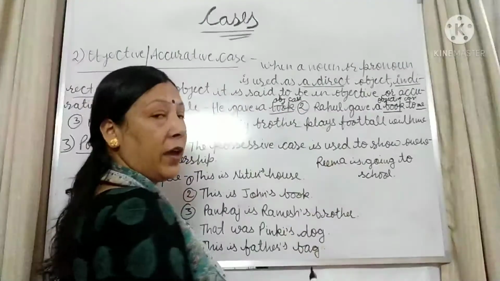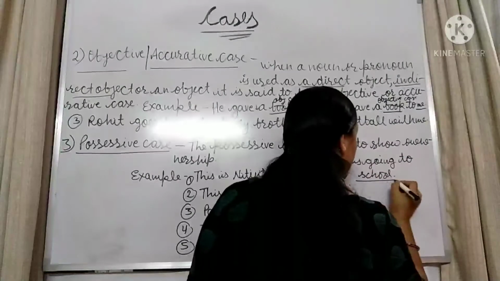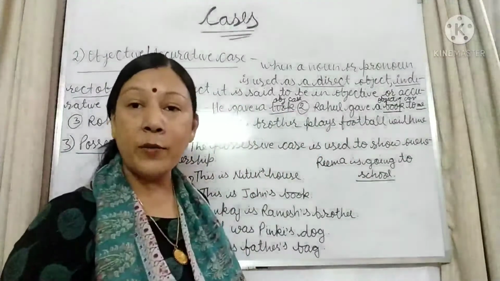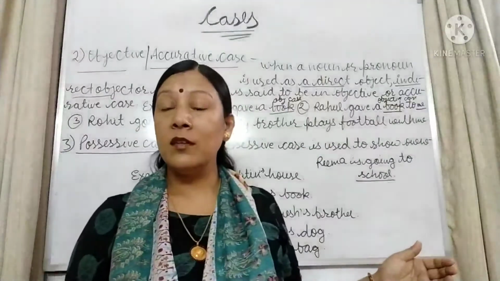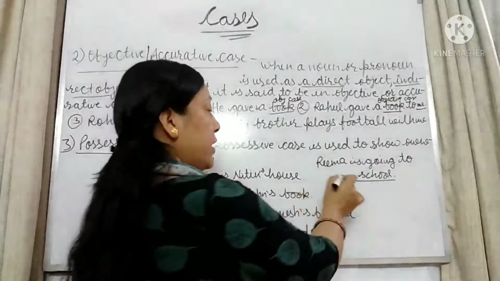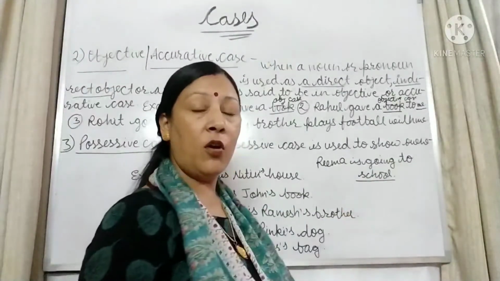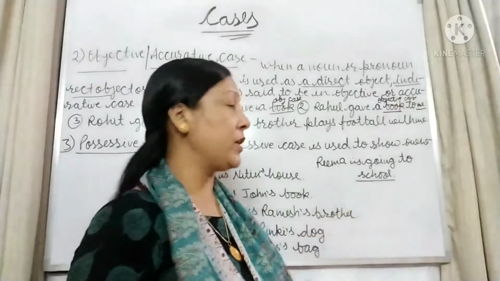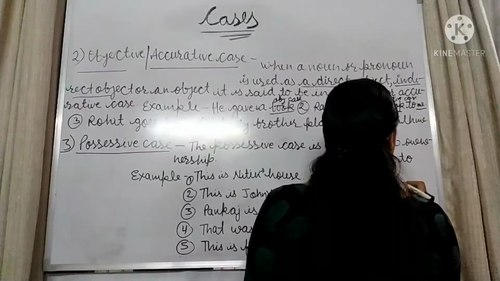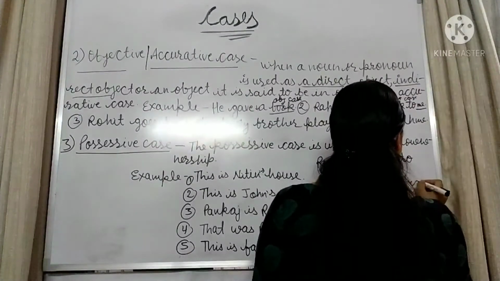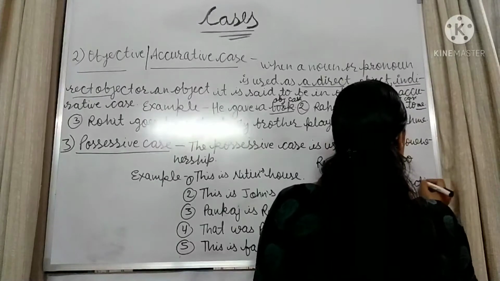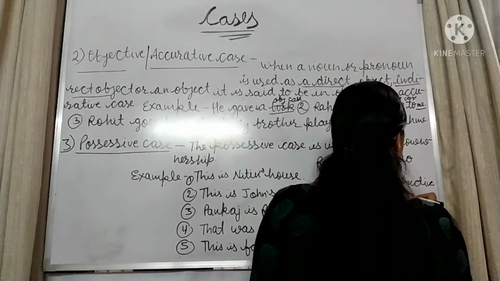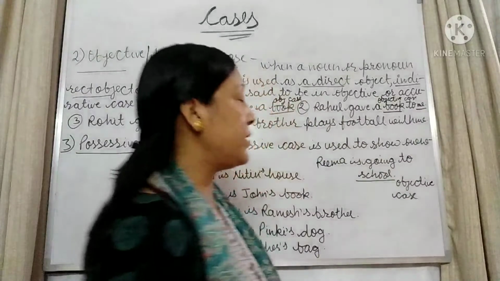Rima is going where? To school. So school is what? School is the object here and school is a noun. So it is at the position of object. So school is in objective case. One more example I am telling you.